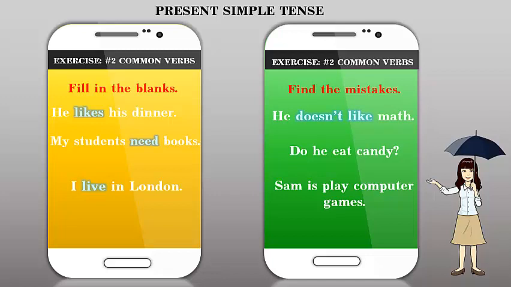Do he eat candy? Here we have a question. The subject of the question is he. For he, she, it, when we're making a question in the present simple tense, we use does, not do. So the correct answer is, does he eat candy? And finally, Sam is playing computer games.